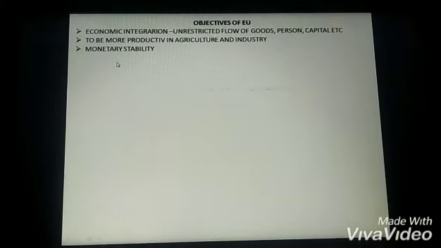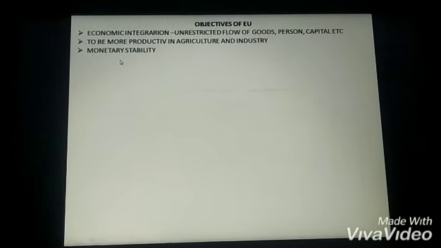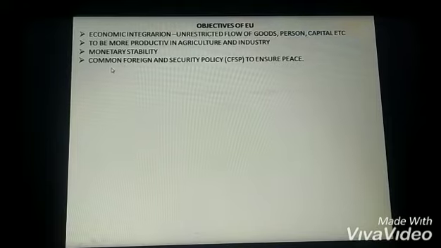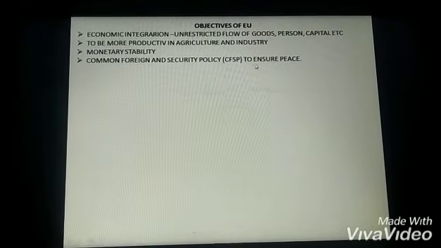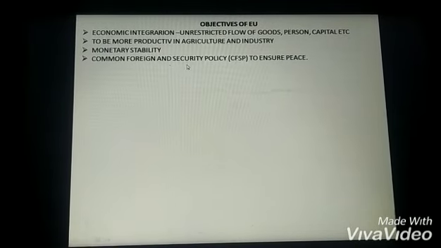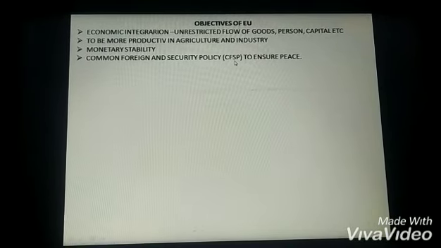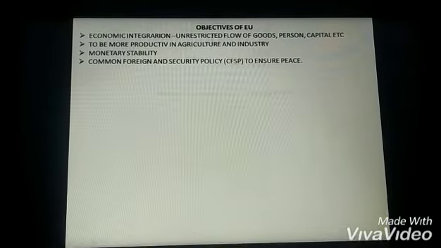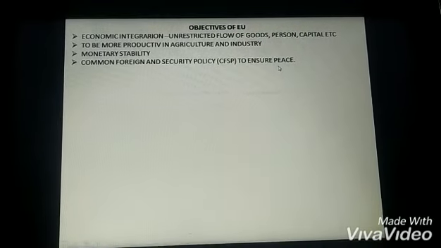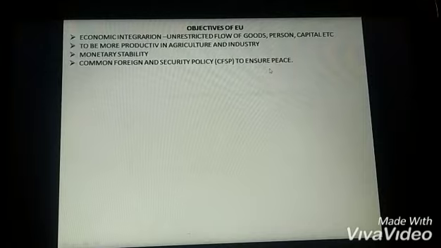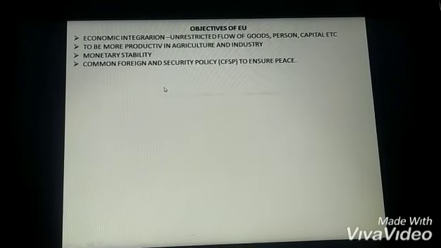We are talking about money stability or economic stability. Then there is the Common Foreign and Security Policy, CFSP. Please keep this abbreviation in mind. They want to build up a common foreign and security policy so that they ensure a lasting peace among the member countries and also with other unions, organizations or groups of nations.